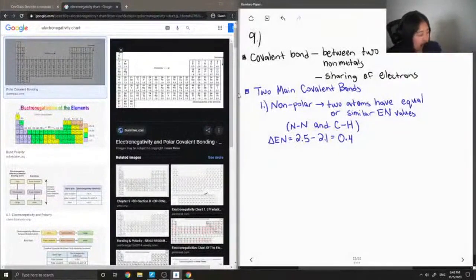There's a rule of thumb when you want to double check whether or not a bond is nonpolar or polar. Basically, when the difference in electronegativity is from 0 to 0.5, this means that you have a nonpolar bond.